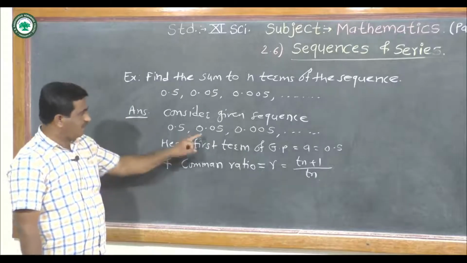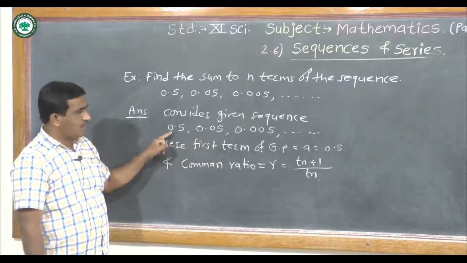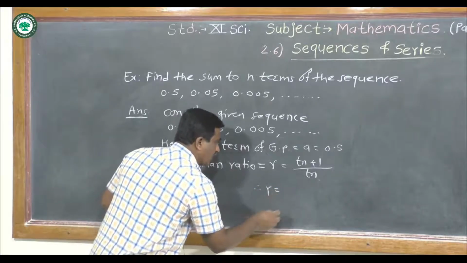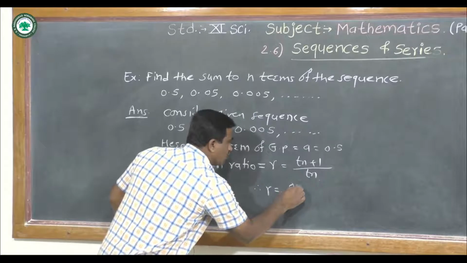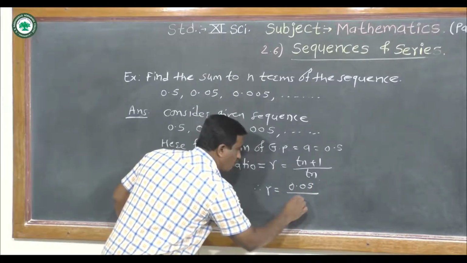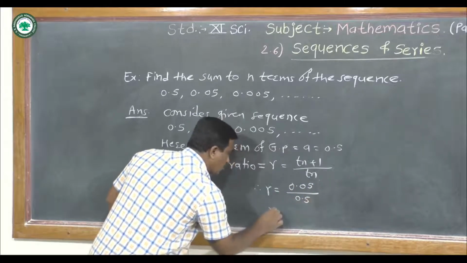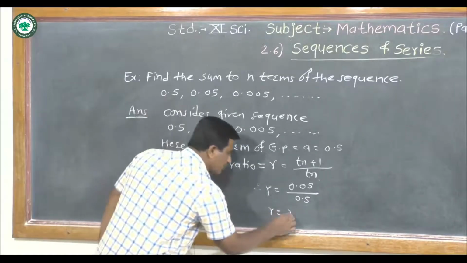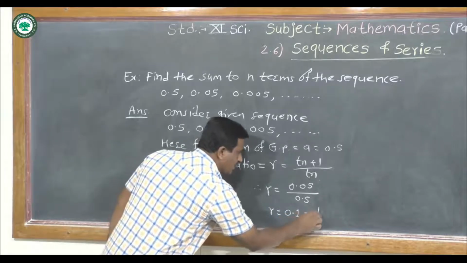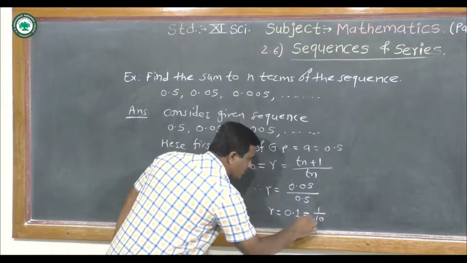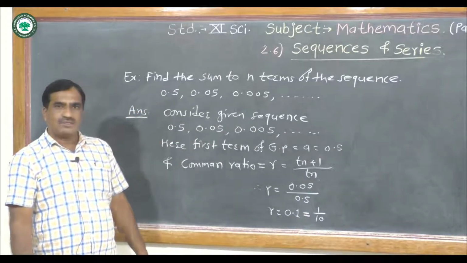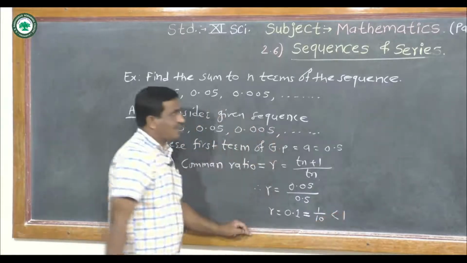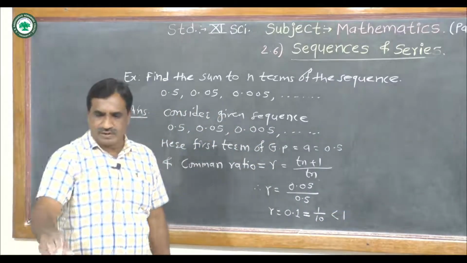Now consider here T(n+1) means 0.05 and Tn means 0.5. Therefore we can write here r is equal to 0.05 upon 0.5. That is, we get common ratio r is equal to 0.1, that is 1 by 10. Now this value of r, 1 by 10, is less than 1. Then we can use formula for Sn.